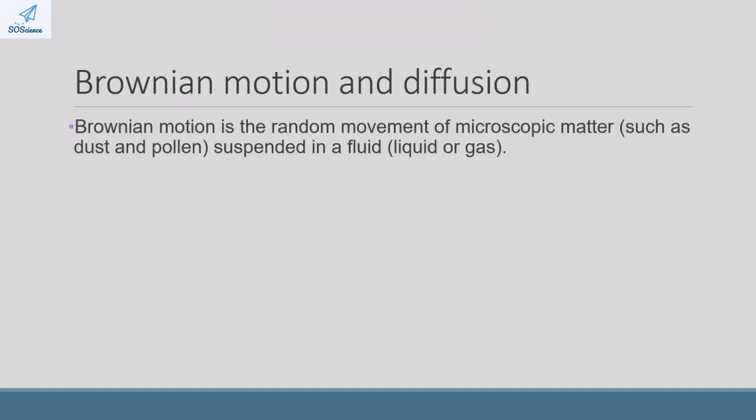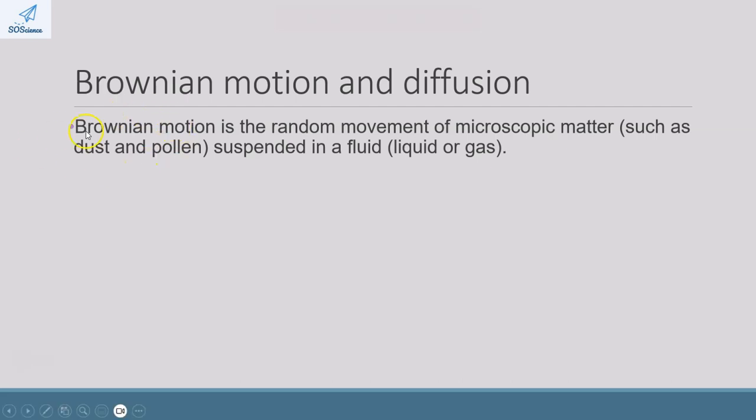Brownian motion is the random movement of microscopic matter like dust and pollen that is suspended in a fluid like a liquid or a gas. Liquids and gases are considered fluids because they both have freedom of movement. Solids are not considered fluids because they don't have freedom of movement.